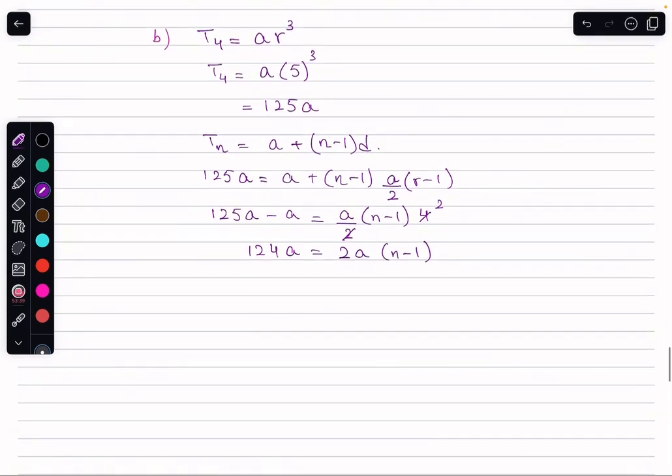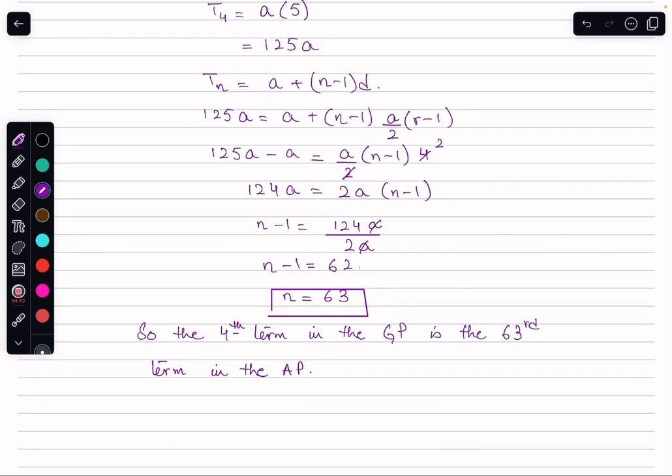So n minus 1 can be equal to 124a divided by 2a. The a gets simplified, so n minus 1 shall be equal to 62 and n here equals 63, meaning it's going to be the 63rd term in the arithmetic progression, which can be the fourth term in my geometric progression. So the fourth term in the geometric progression is the 63rd term in the arithmetic progression here.